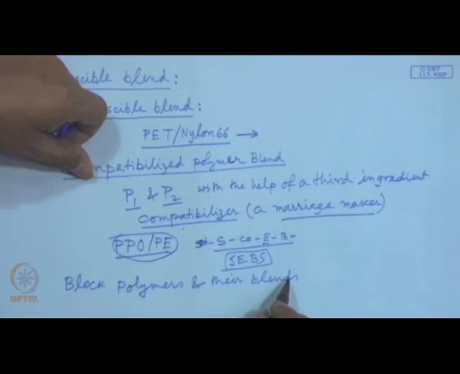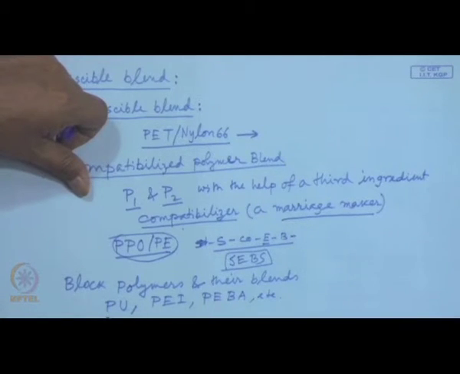These block polymers and their blends are basically made up of macro segments of different nature, say polyurethane, polyether imide, polyether block amide, etc. These polymers have macro segments, means the molecular weight of that segment is higher than that of a monomer unit.